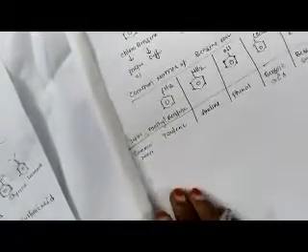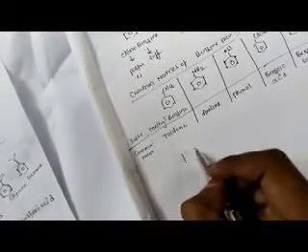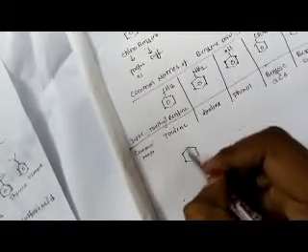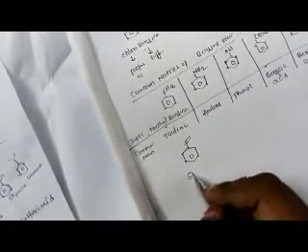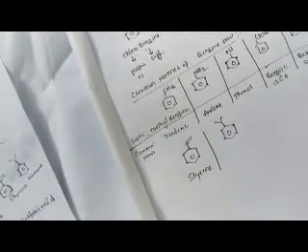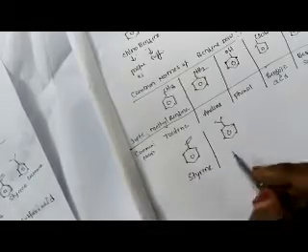Some other compounds are like this. If the benzene molecule is substituted with an ethylene group, it is called styrene. It is the common name of this molecule. And if the benzene molecule is substituted with this group, an isopropyl group, it is called cumene.